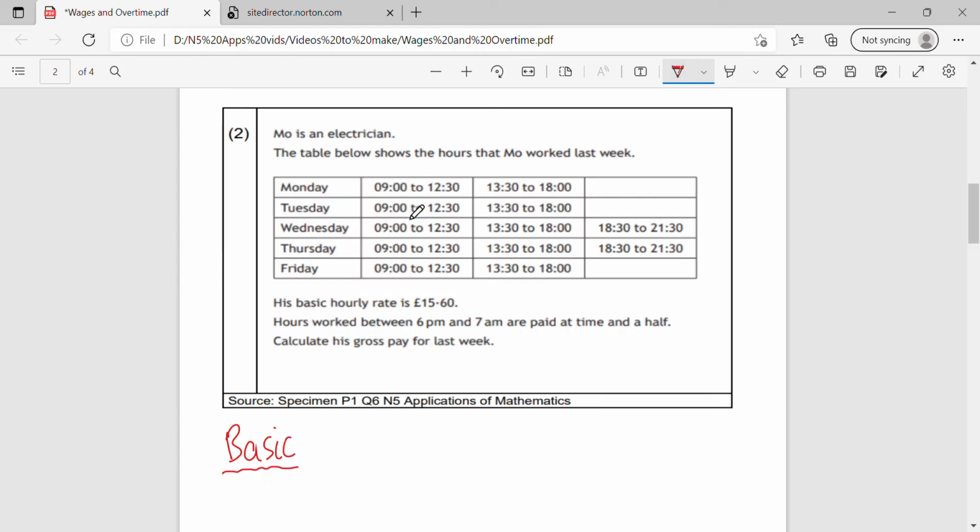Now, each day we need to work out how much he works, and then we'll multiply that by 5 because he's working for 5 days. So from 9 to 12:30, that's 3 hours and 30 minutes. And from 13:30 to 6, that would be 4 hours and 30 minutes.